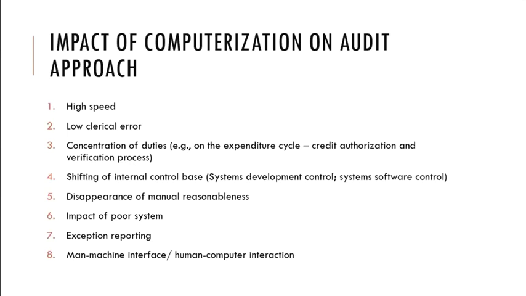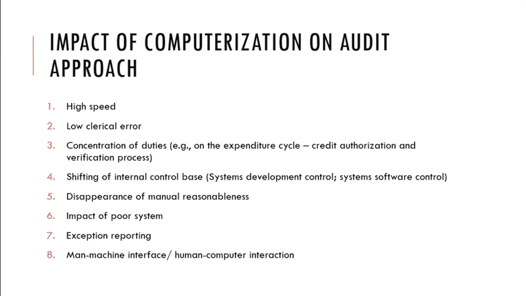So if we can recall, when we speak of audit risk, it is composed of three parts, right? We have the inherent risk, we have control risk, and then we have detection risk. So if our auditee, or the company that we are auditing, employs or uses mga high-tech na mga computers, then we could say nga gamay lang ang ilahang control risk, gamay lang ang ilahang inherent risk.